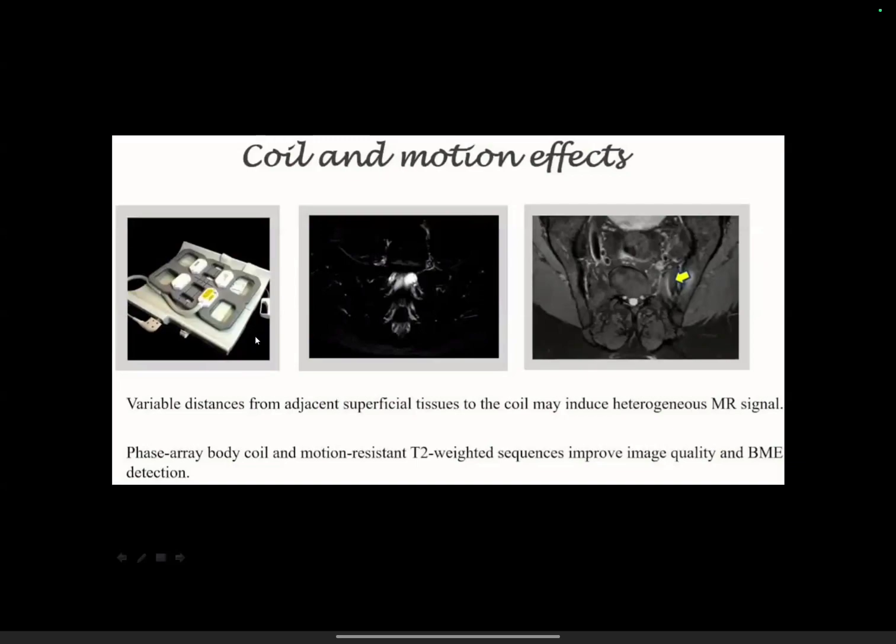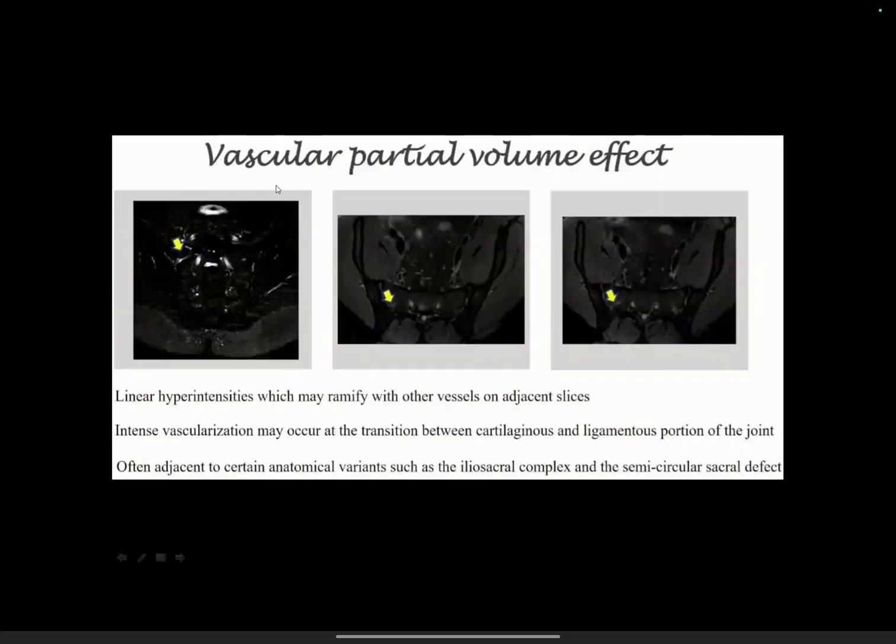So if the coil is old or not functioning properly, we get coil artifact, or if the patient moves. It can be corrected by using a phased array body coil and motion-resistant T2 sequences, which can help and avoid overdiagnosing bone marrow edema.